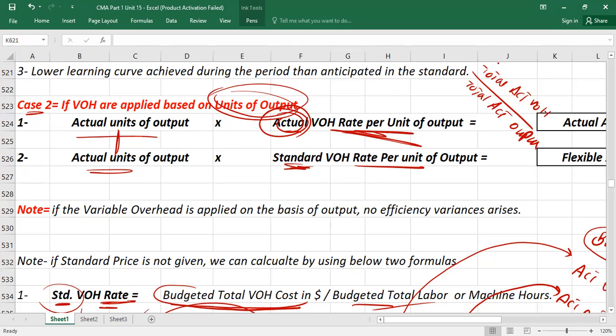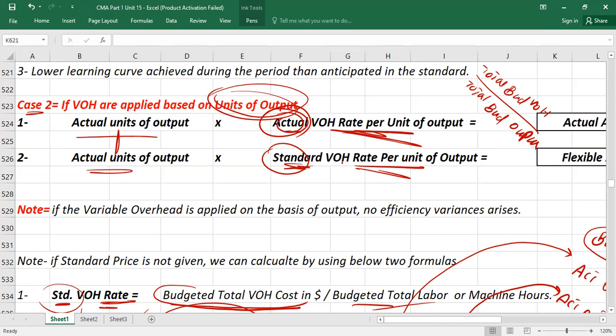Standard means budgeted rates. So this is not going to be actual; this is going to be total budgeted variable overhead, divided by total budgeted output. So this will give you the standard rate. For the actual rate, I'll use numerator and denominator both actual. For the standard rate, I'll use numerator and denominator both budgeted.